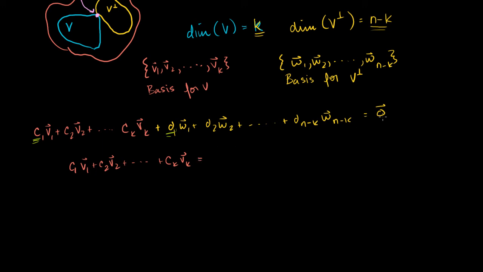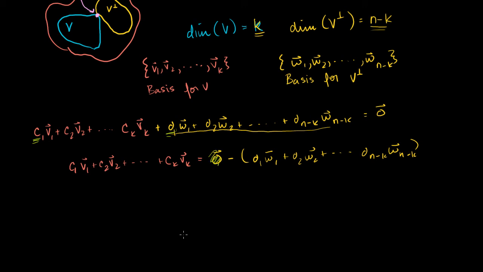It's going to be equal to the 0 vector minus d1 w1 plus d2 w2 plus all the way to d(n minus k) w(n minus k). All I did is I subtracted these terms right here from both sides of this equation.